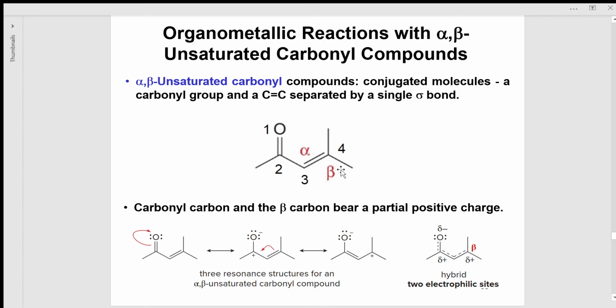And the next one is called beta. There is no beta here, but we have the beta on the right side. The second carbon is called the beta carbon. This is alpha beta. We have a pi bond between the alpha and beta carbon. So this type of molecule is called an alpha beta unsaturated carbonyl compound.